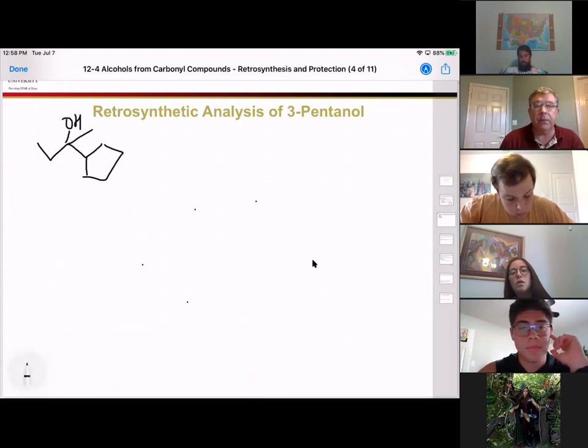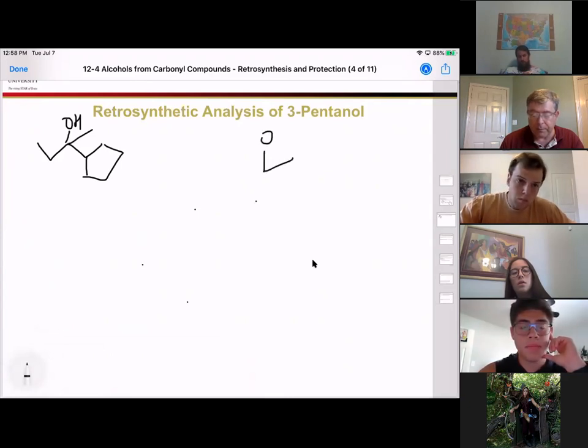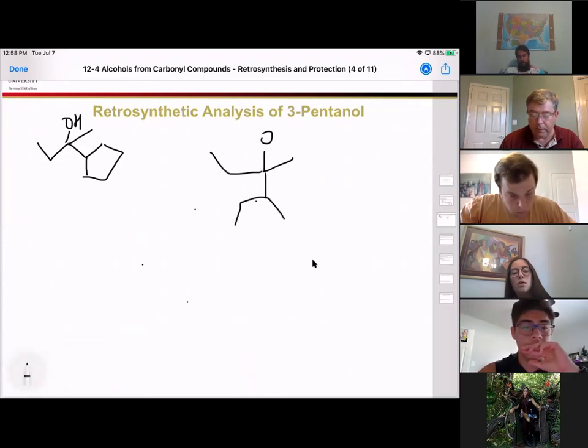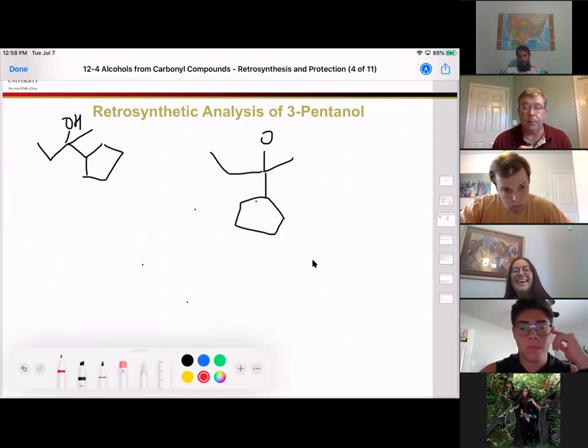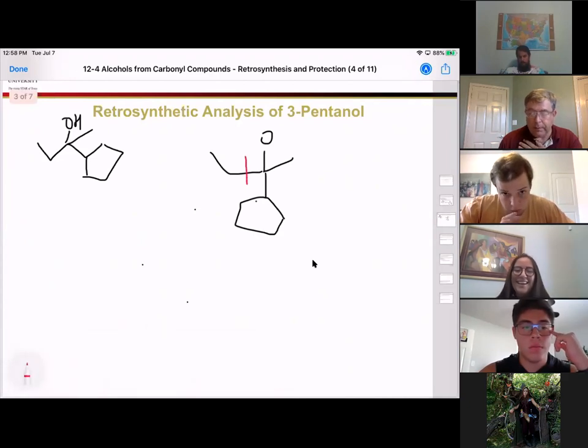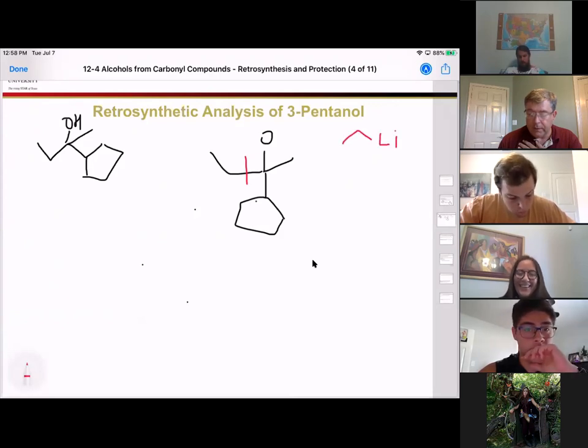And so there's a couple different ways we can break this apart, right? So I'm going to draw it differently. I'm going to draw it such that we have the methyl group up here, the ethyl group over here, and the cyclopropane down here. So we have a couple different options for how to break this apart. We can break it apart here, and so we will be attacking with some kind of ethyl lithium reagent right here.